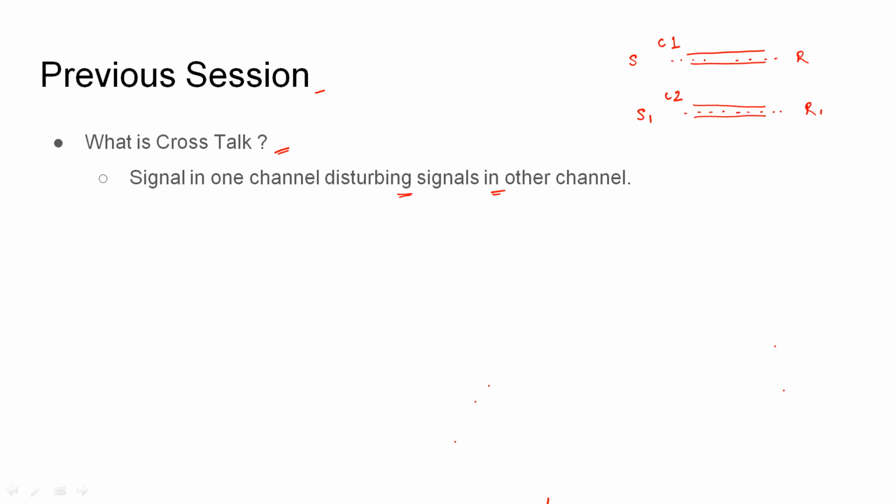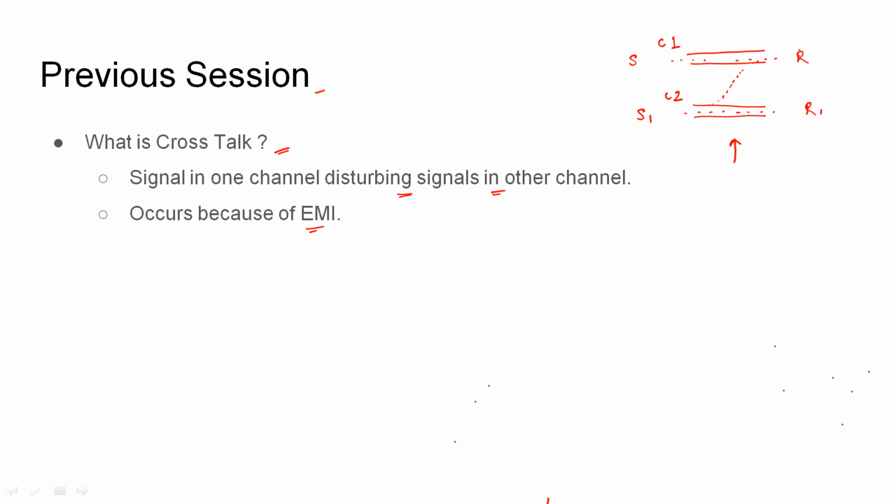Before we see how crosstalk happens, why does it happen? Because of some EMI, electromagnetic interference. Let us assume this is an EMI input, and because of this EMI, the signals in channel 2 can disturb signals in channel 1.